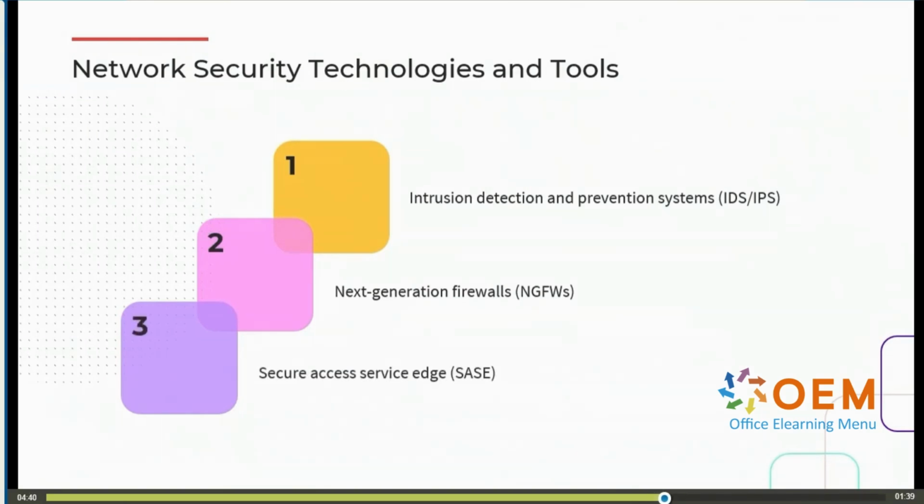And Secure Access Service Edge, or SASE, which is a network architecture that combines both VPN capabilities with cloud security capabilities, incorporating things like secure web gateways, cloud security brokers, firewalls, and additional zero trust network access capabilities, giving us more granular control over our access.